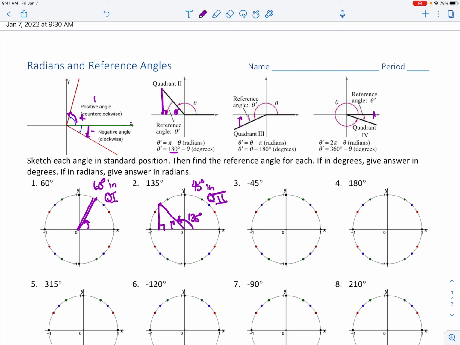Because the quadrants go 1, 2, 3, and 4. Negative 45 means I'm going in the clockwise direction 45 degrees. So if I go clockwise 45 degrees, this is a 45-degree angle in quadrant 4, and so forth.